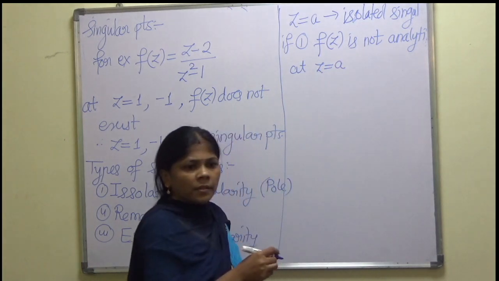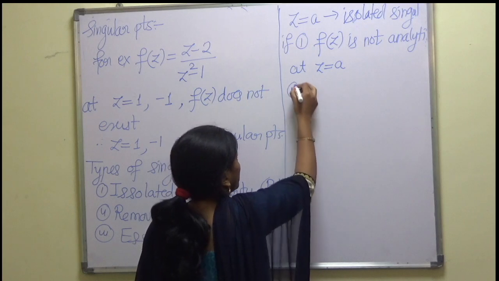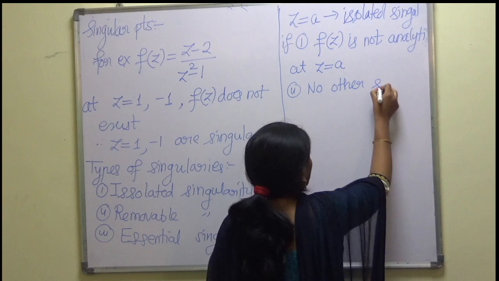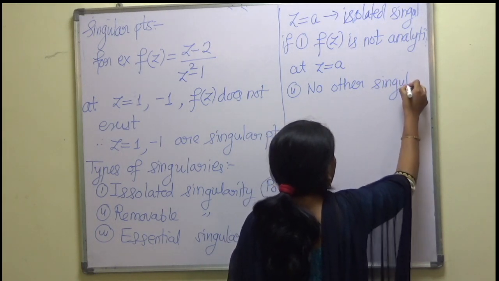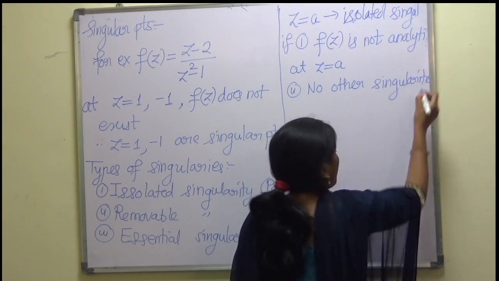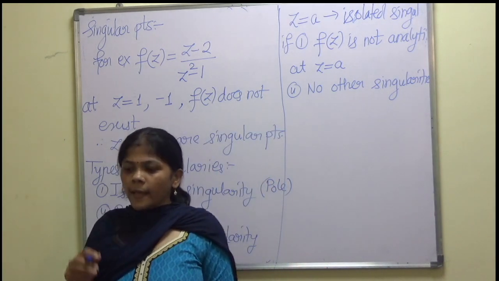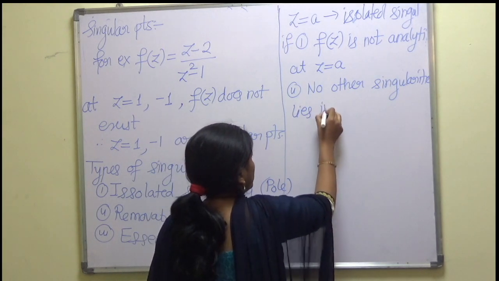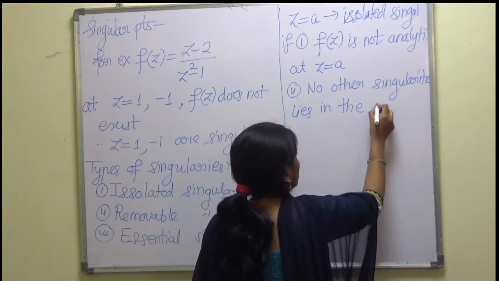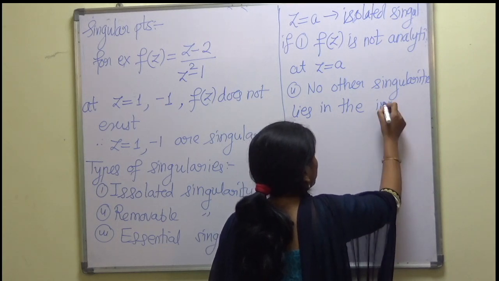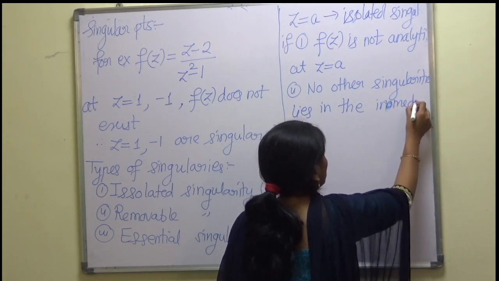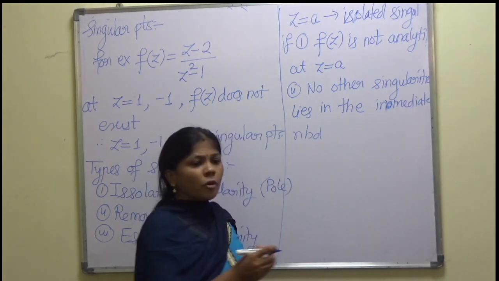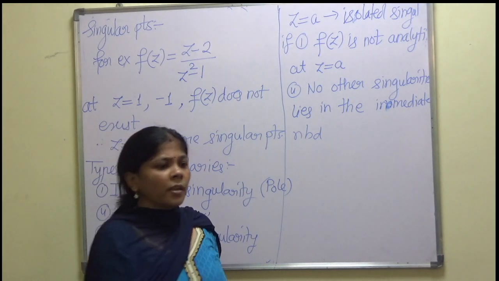The second condition is that no other singularities lie in the immediate neighborhood, meaning there should not be any other singular point in its neighborhood.